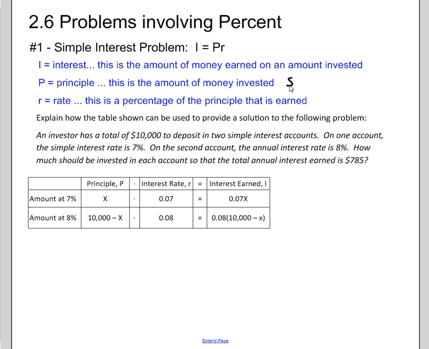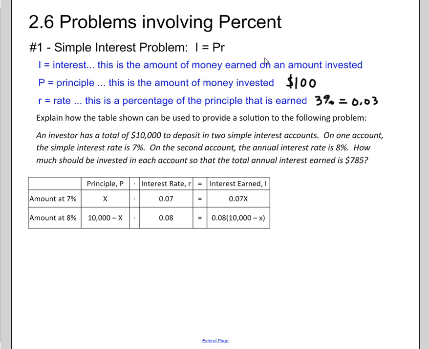I am going to put in $100 in it. I know that this account earns 3% interest. When we express interest, by the way, we always rewrite that in decimal form for our calculations, 0.03.